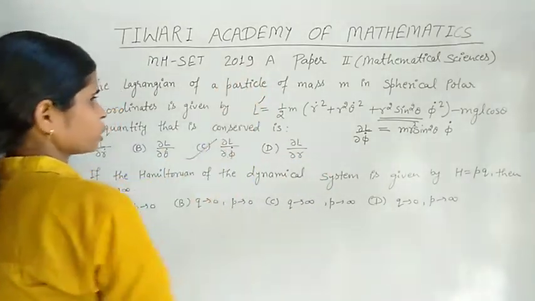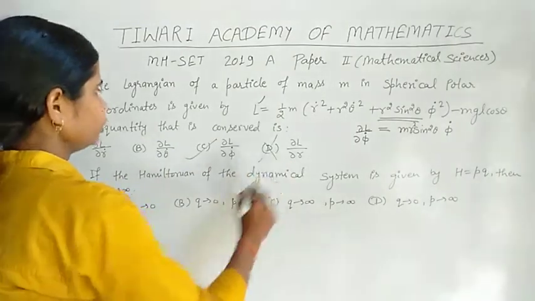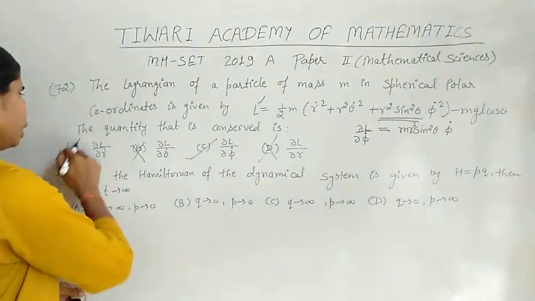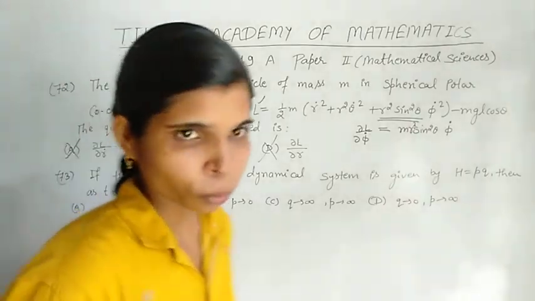So option C is the true option; options D, B and A are wrong options.